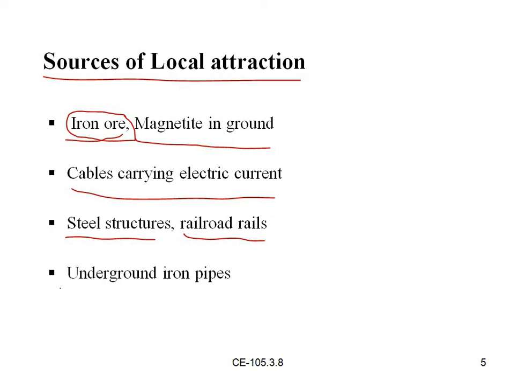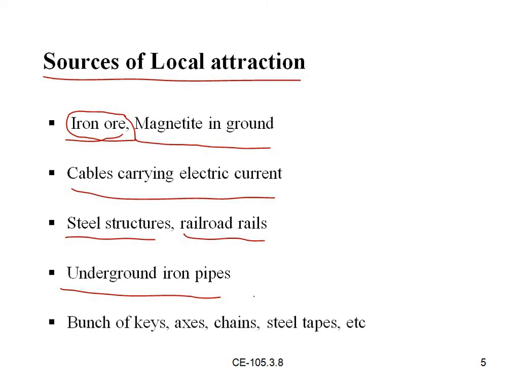And next is underground iron pipes. Whichever iron pipes are going under the ground will also attract the compass. So that's why we call all these things local attraction. The attraction which is caused by local particles like iron, magnets, cables carrying electrical current, steel structures, railroads, underground iron pipes, water pipelines, whichever are there, these are all called local attractions.